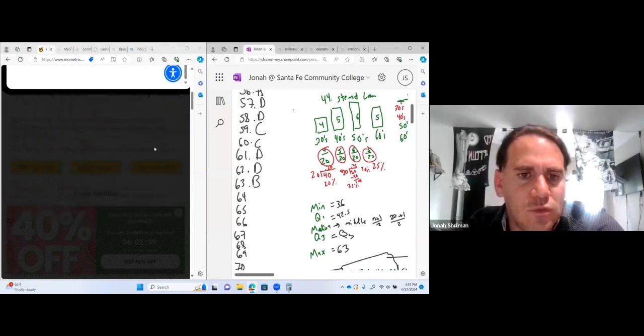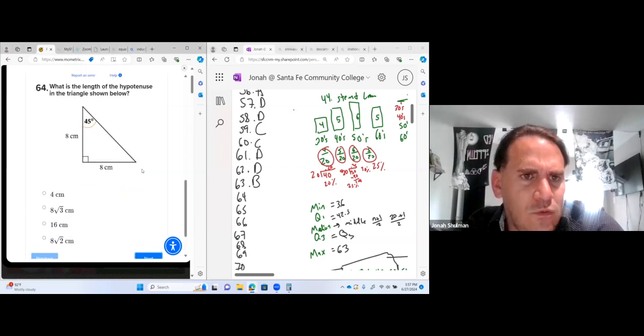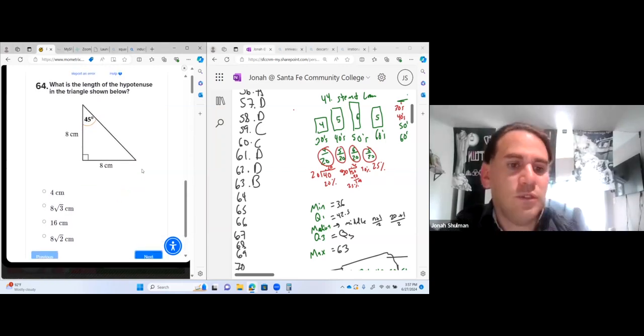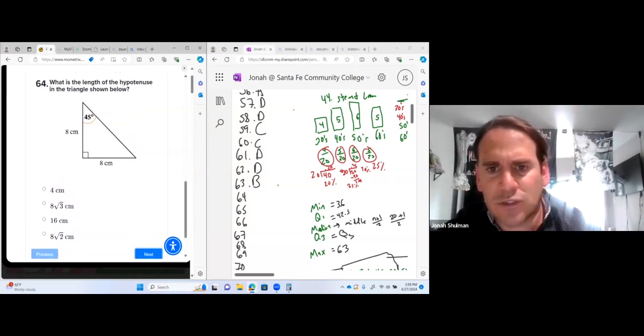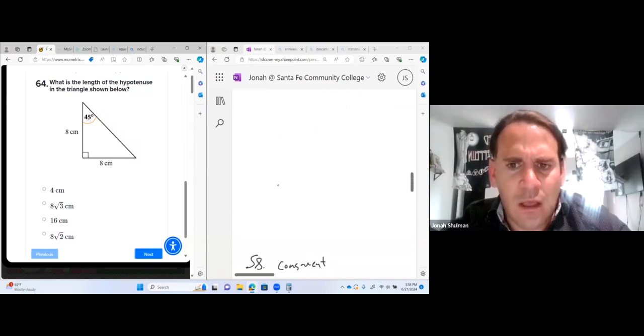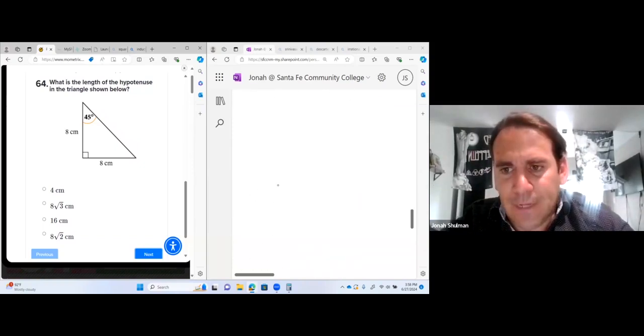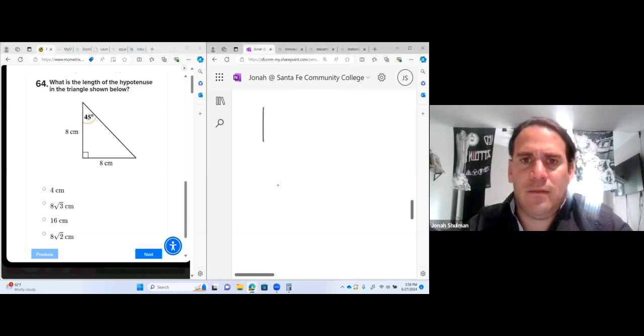Oh, let's do the next one. Okay, cool. What is the length of the hypotenuse shown? There's a bunch of ways to do this one. This is what's called a special right triangle. It'll be like when we're looking at all the geometry stuff. But I can show you a bunch of ways to do 64. 8, 8.